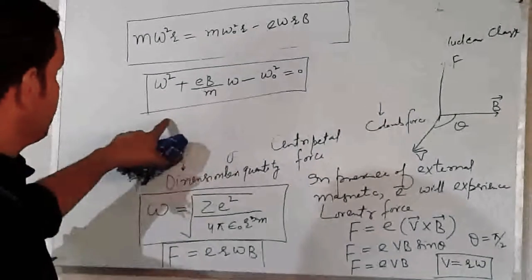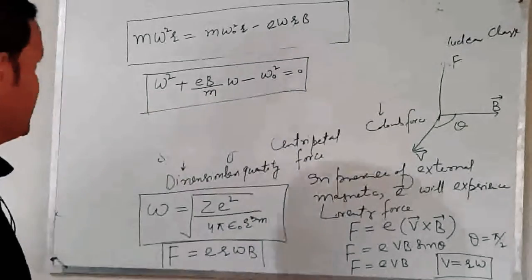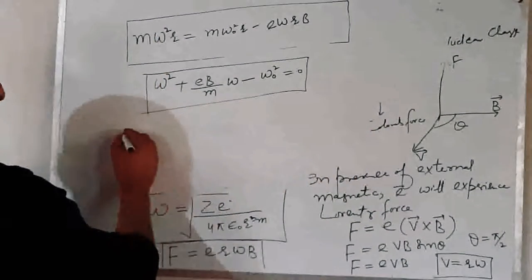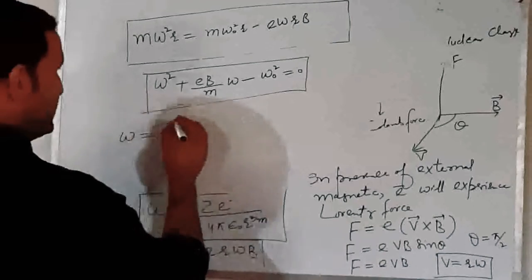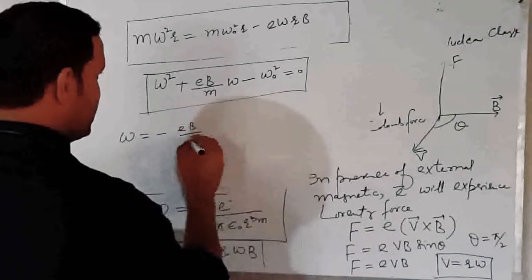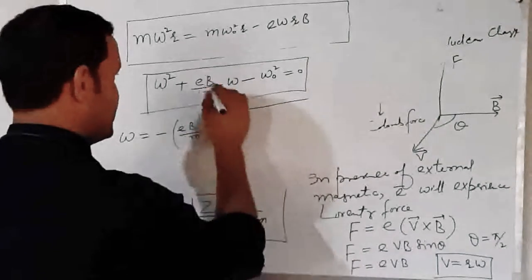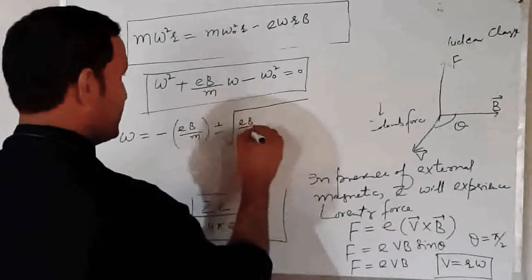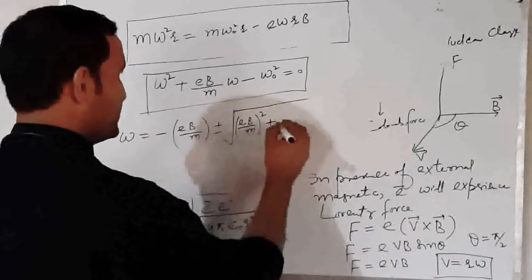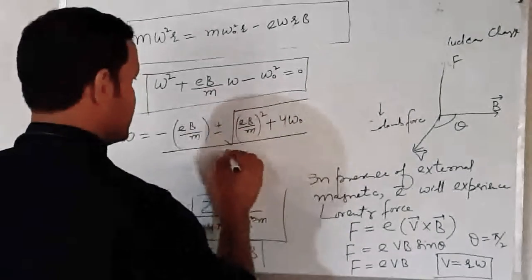Here you see this is a quadratic equation in omega, so it will give us the value for omega. Omega will be equal to minus b, that is eB upon m, plus minus under root of b square, that is eB upon m whole square, minus 4ac, that is plus 4 omega naught square, divided by 2a, that is only 2.